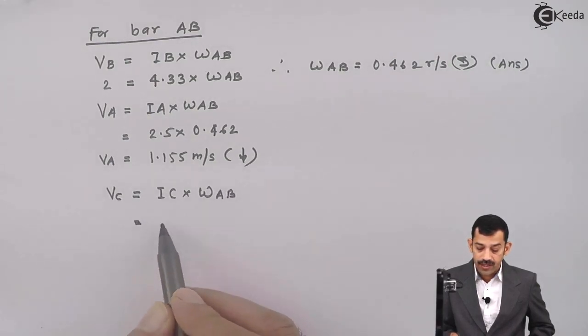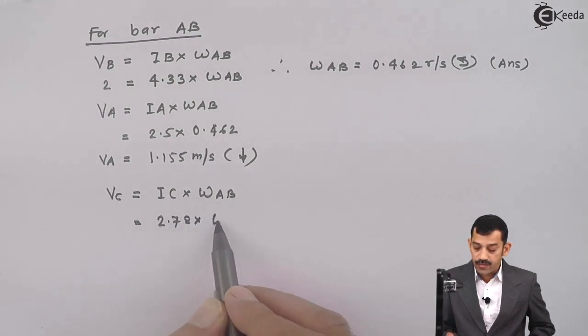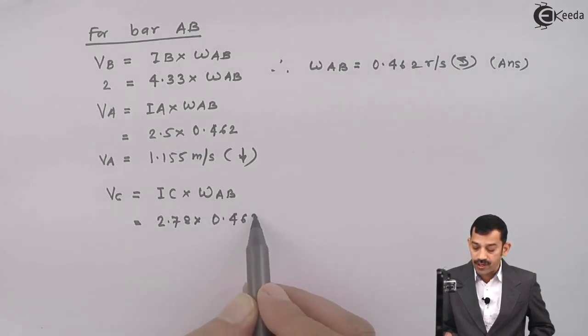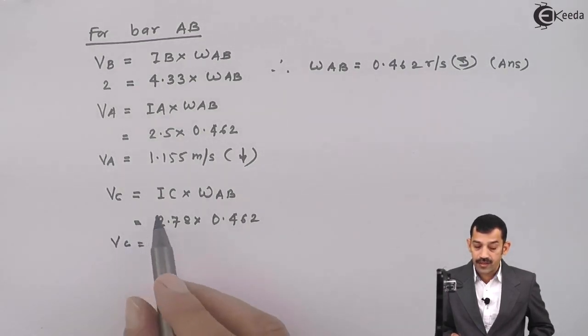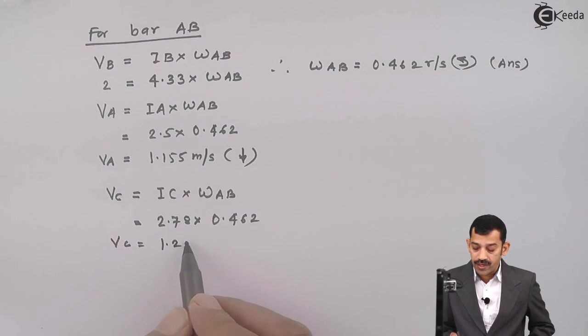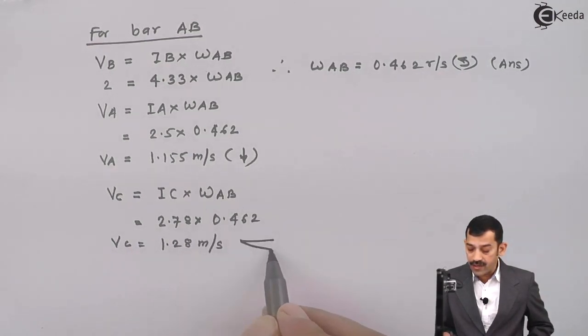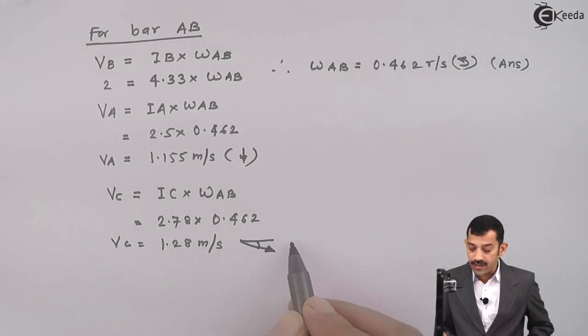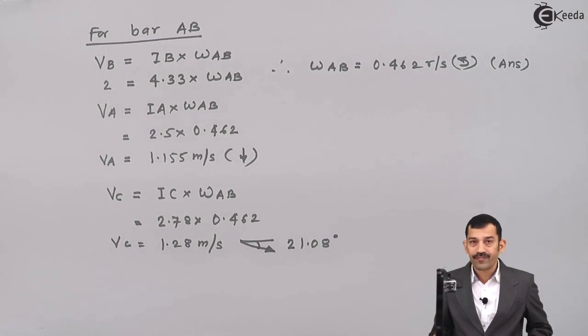IC length you have calculated, which is 2.78 meters. Omega is 0.462 radians per second. Therefore, VC you are getting here is 1.28 meters per second. And this velocity is inclined to the horizontal at what angle? This is 21.08 degrees. Thank you.